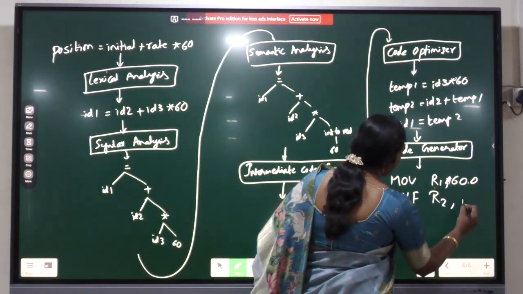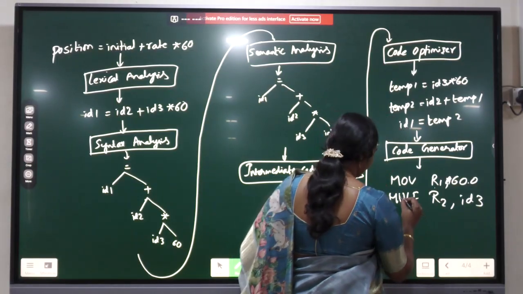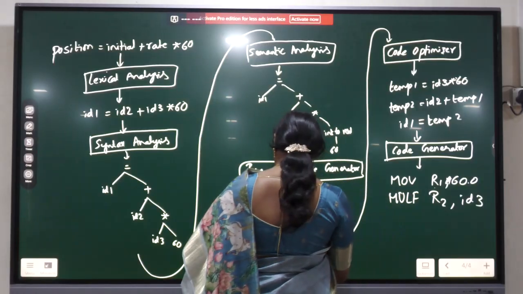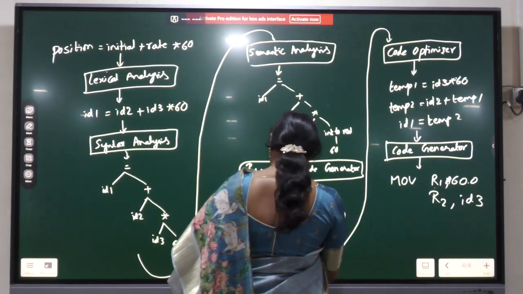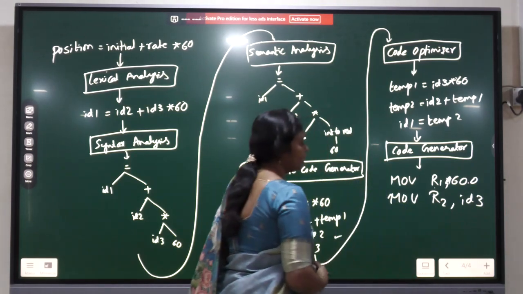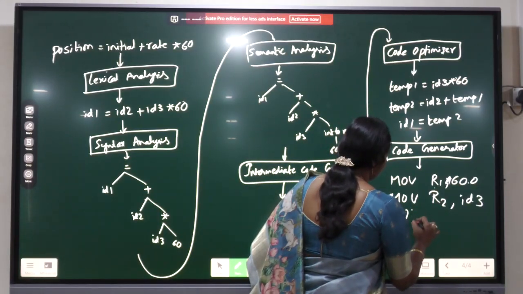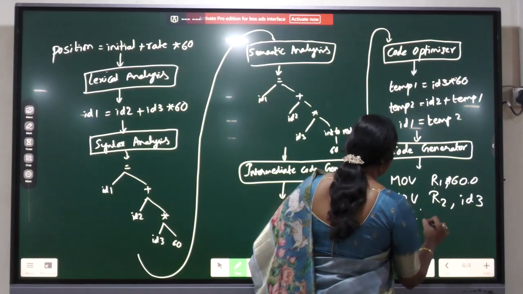I am keeping ID3 in R2. Okay, ID3 I kept in R2, and then next we need to multiply these.